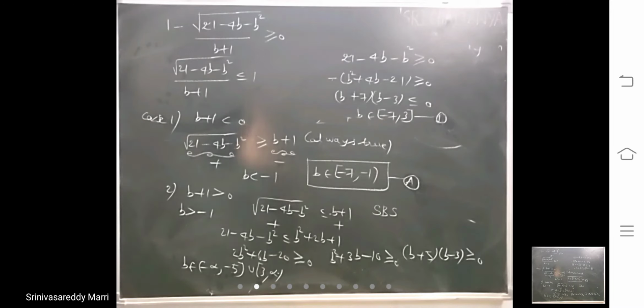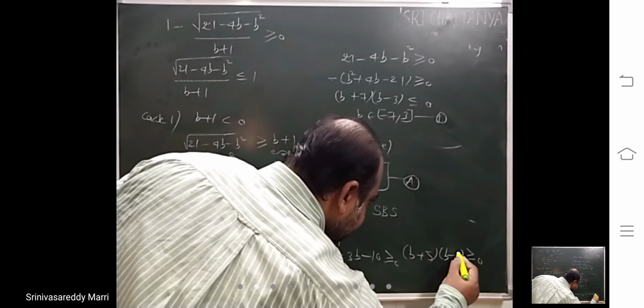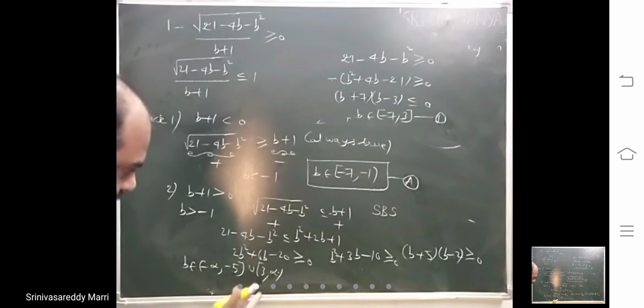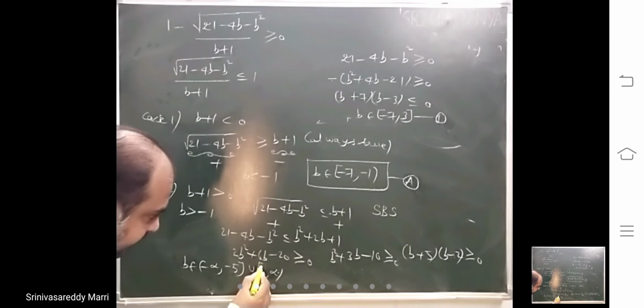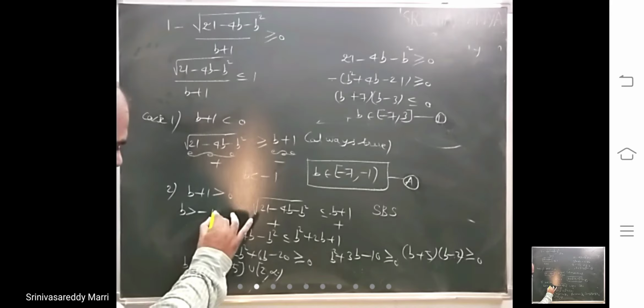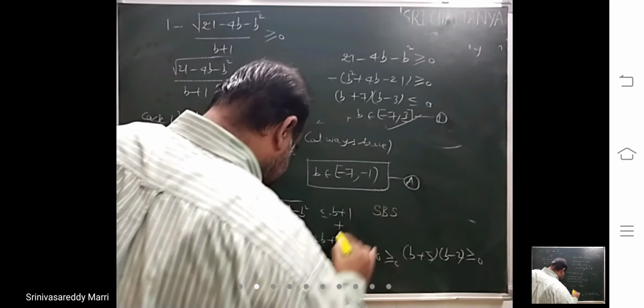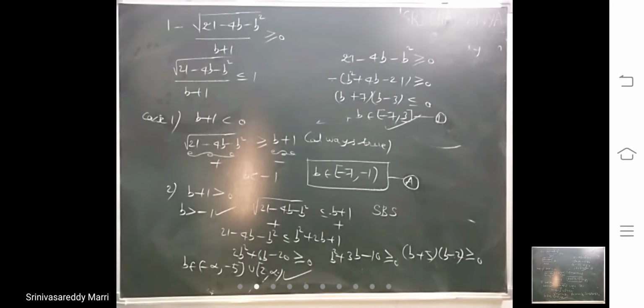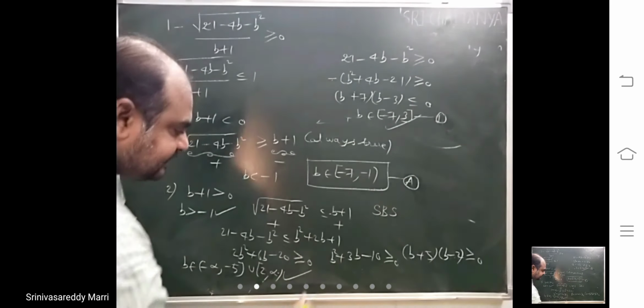Squaring, look at b square plus 2b, 2b square plus 6b minus 2. This you will get 2 to infinity. That means look at, this is 1. Intersection part of this b greater than minus 1, this b belongs to this interval, b must lie in this interval.